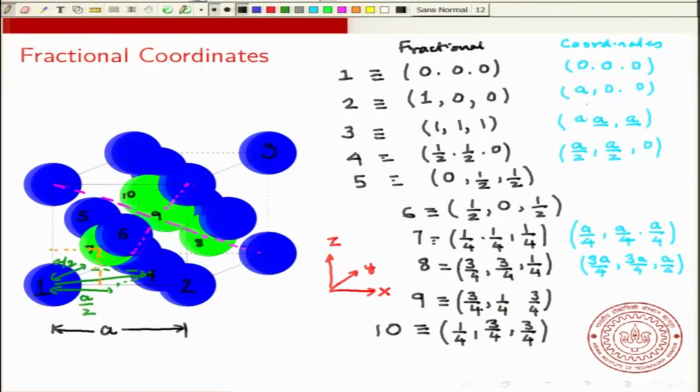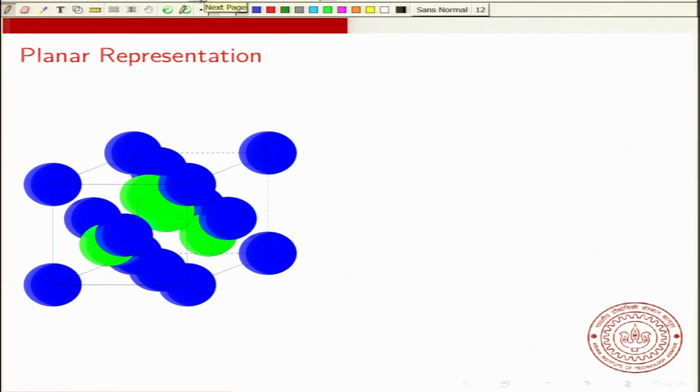So let's take a look at that. Here we want to show a planar representation. We will just keep in mind that the bottom plane has a z coordinate of 0, and the top plane has a z coordinate of 1.